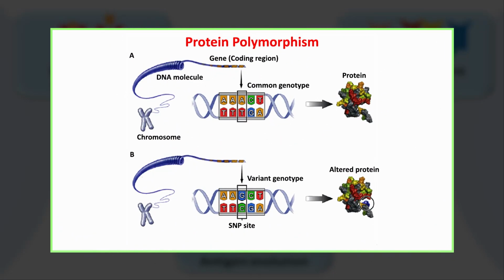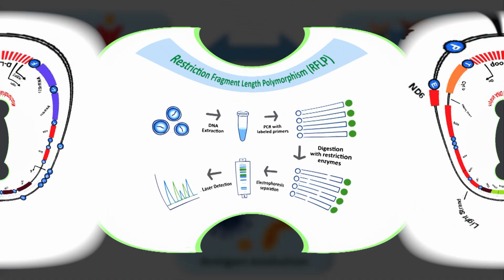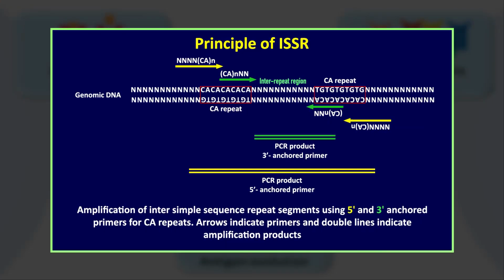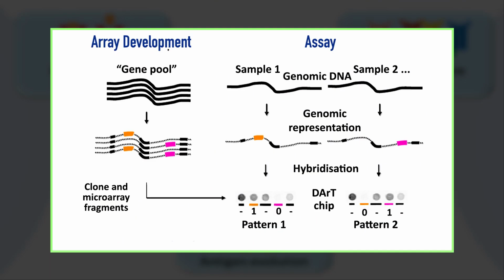The first step of molecular biology technologies in the field of conservation genetics was taken in the 1960s with the introduction of protein polymorphism analysis, followed by the mitochondrial DNA, that's mtDNA, restriction fragment length polymorphism, or RFLP based methodologies, randomly amplified polymorphic DNA, and more recently by the microsatellite marker based technologies, that is inter-simple sequence repeat, or ISSR markers, diversity array technology, and other high throughput platforms.